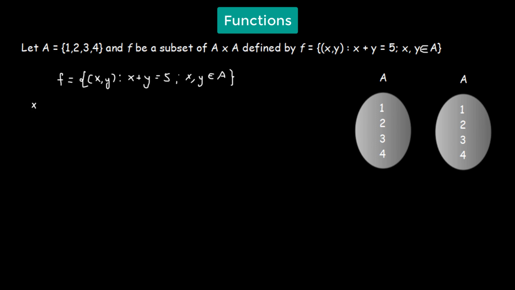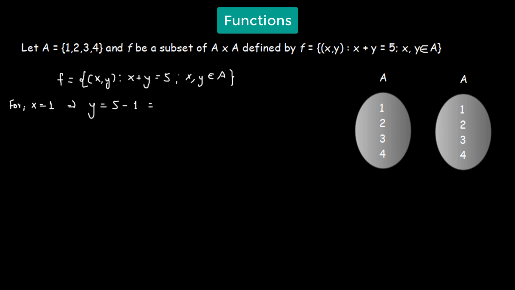We'll pick up the first element. For x equals 1, we have to pick up a unique element y from set A itself such that their sum is equal to 5. We can rewrite this equation as y equals 5 minus x.